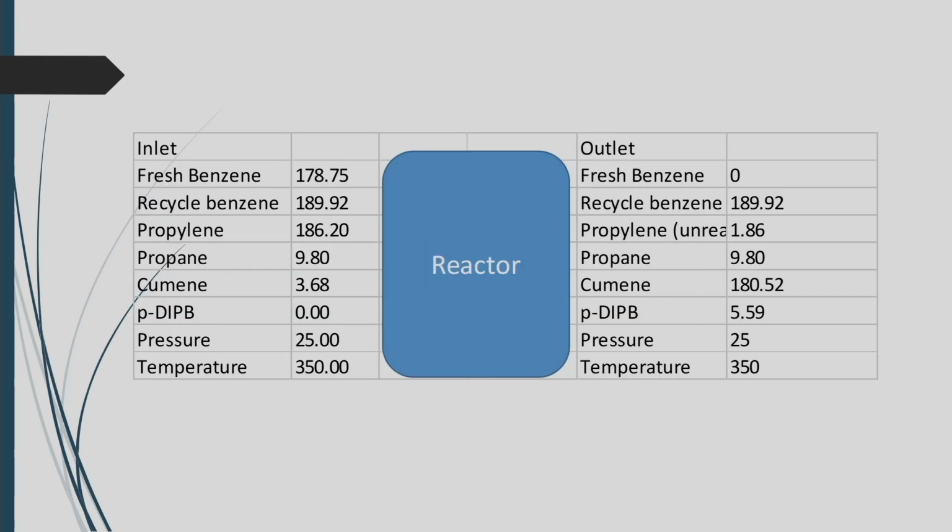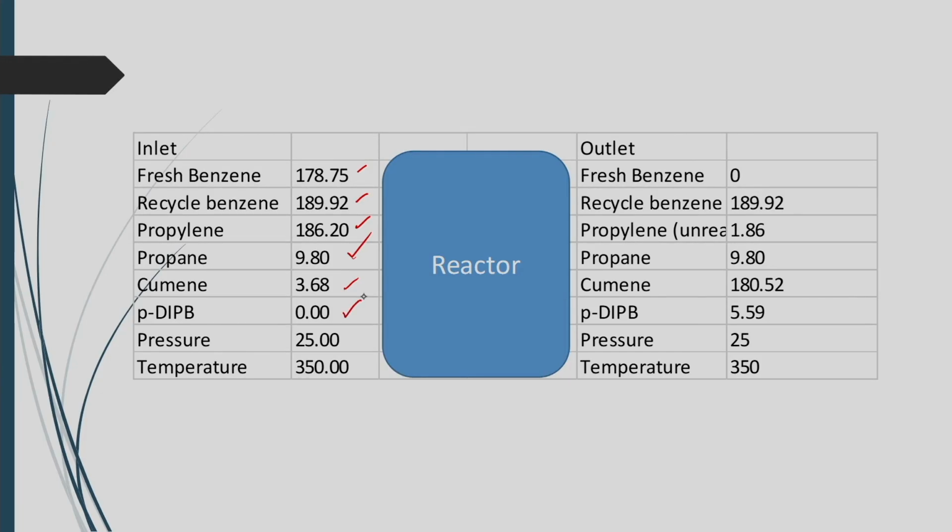Similarly, for the reactor, what fresh benzene is coming, what amount of recycled benzene is coming, and also propylene, what would be the requirement for that, and propane, along with that propylene, what amount of propane is coming. Cumene, also a small amount will come, because the recycled benzene will contain a small amount of cumene after separation in the benzene distillation column.